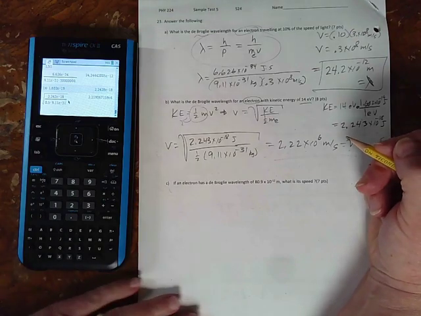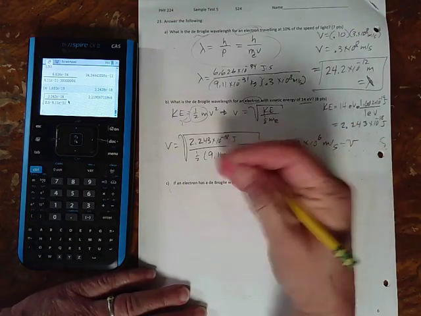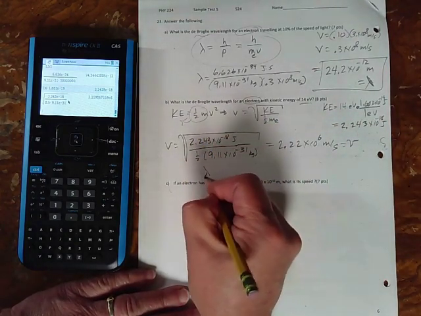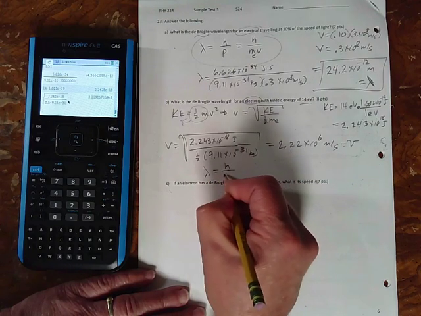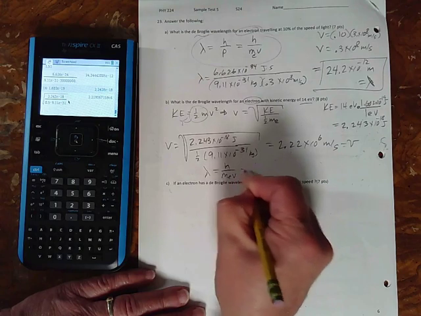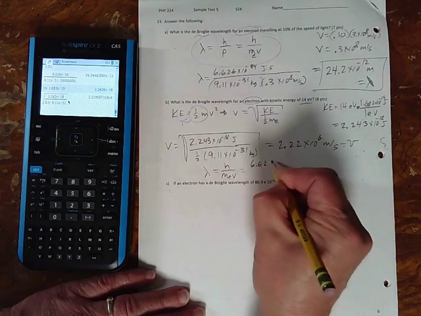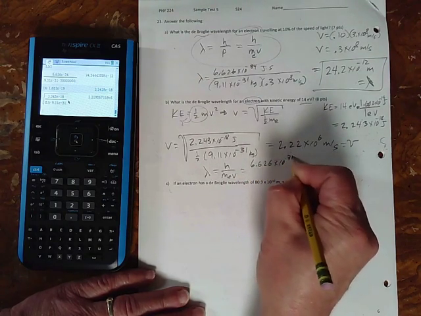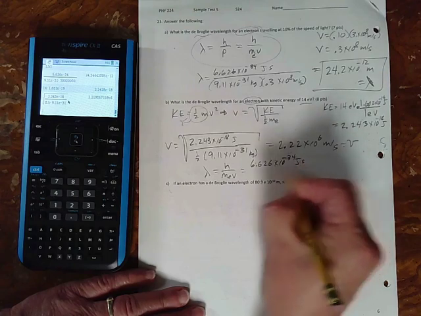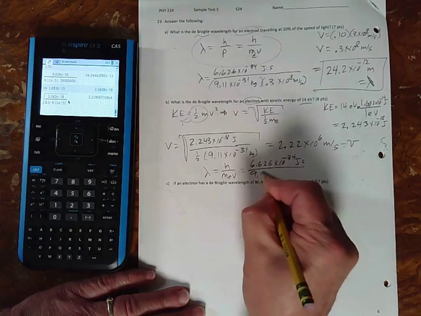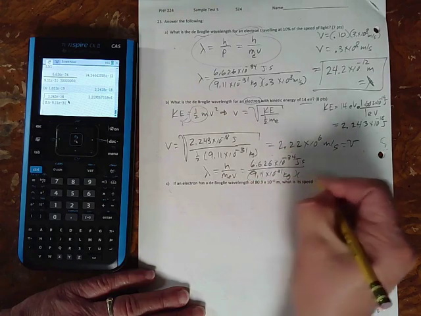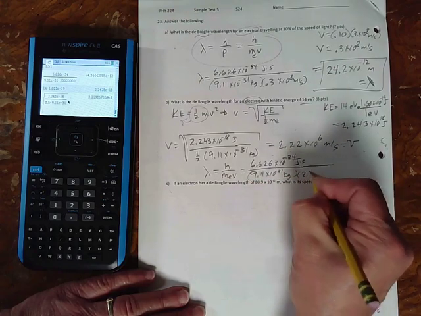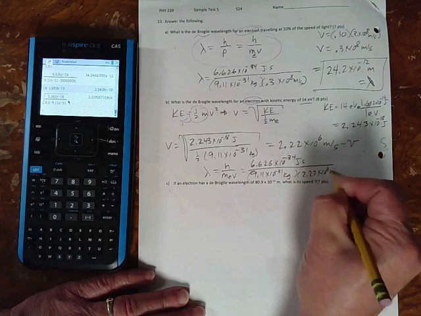Okay, and so the wavelength is h over mv, 6.626 times 10 to the negative 34 over 9.11 times 10 to the negative 31 kilograms, and this new velocity, 2.22 times 10 to the 6 meters per second.